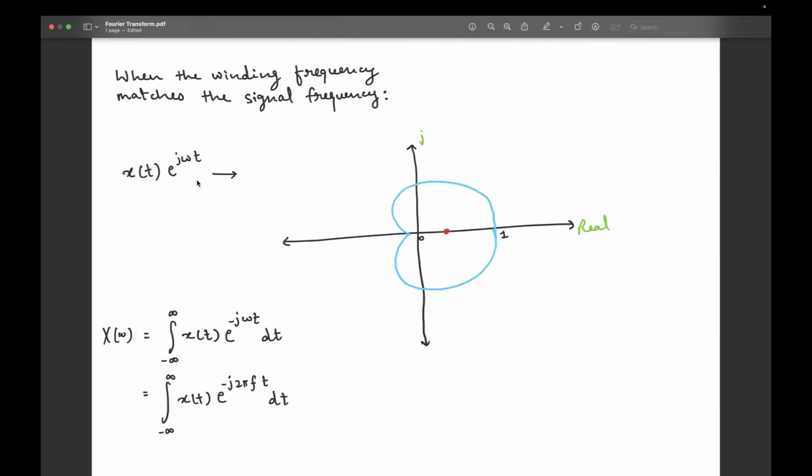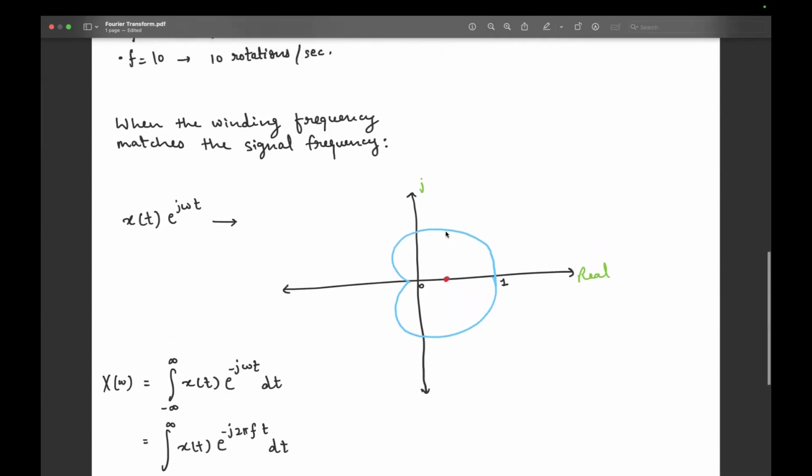Now Fourier transform is basically an integral over this from -infinity to infinity. What that basically means is that we add up all these values. So if we add all these values, we'll get a point somewhere here in the middle.